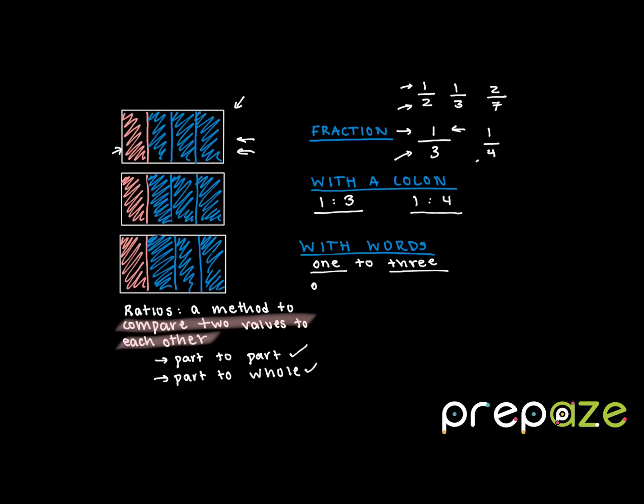And I could also write this as 1 to 4, which says for every 4 parts, which is our whole, we're going to have 1 pink part. So that's all a ratio is. We're just comparing either parts to an entire entity, to the whole, or we're going to be comparing the different parts in a whole.